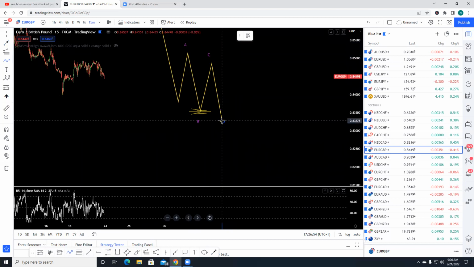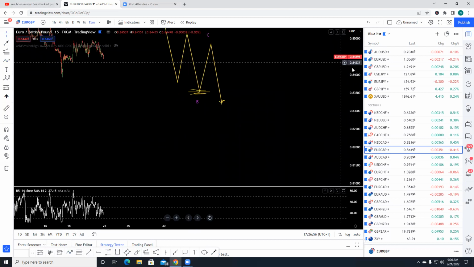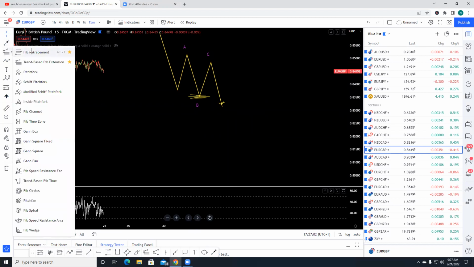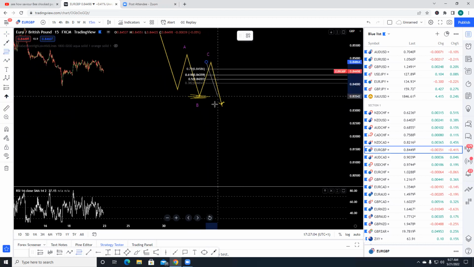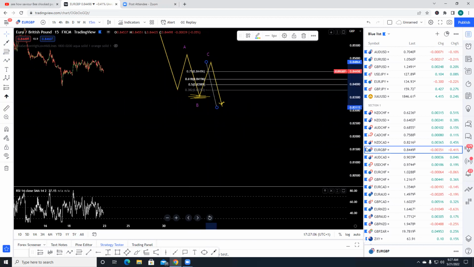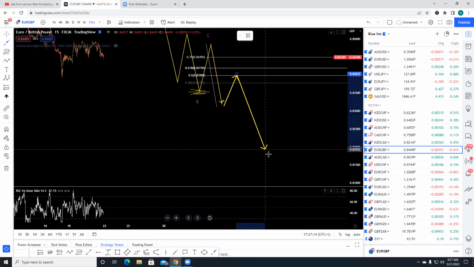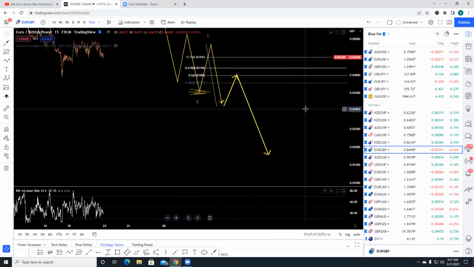No. It doesn't work that way. So guys, what are you now expecting for you to take this trade to the downside? Guys, just take your fib level from here to here, get 50 to 61.8, look for this pullback here to hit this level, and after it hits this level, guys, take your trade to the downside. Very simple, guys.